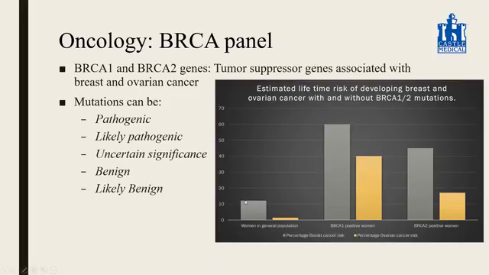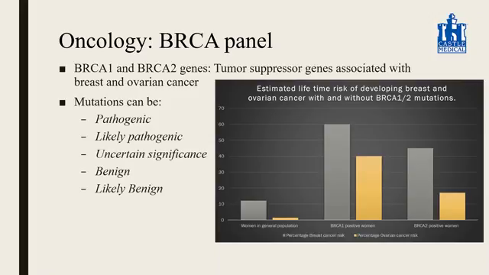Women in the general population have around 10% and less than 0.5% risk of breast and ovarian cancer. But if a woman is positive for BRCA1, her risk increases to 60% for breast cancer and around 40% for ovarian cancer. Similarly, if a woman is positive for a BRCA2 mutation, her risk increases to about 45% for breast cancer and about 15% for ovarian cancer. So BRCA1 and BRCA2 mutations play a big role in breast and ovarian cancer.